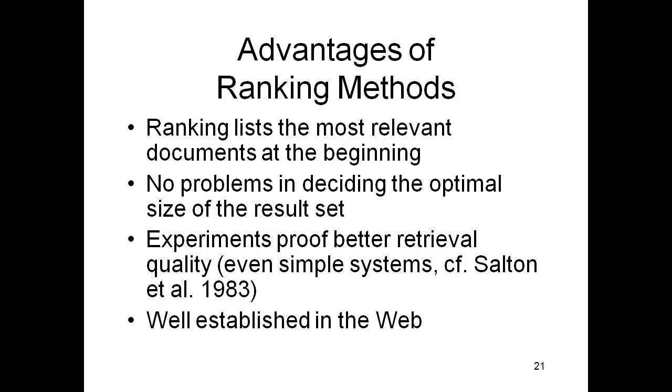And only the web with search engines changed the game, and today typically a system would be a ranking system with a partial match metaphor behind it. So the web really changed this, brought it into the practical world, but it was something that had already been known before in the research community.